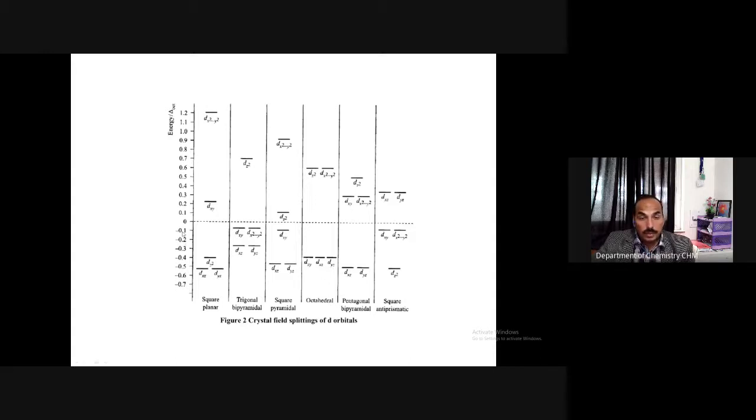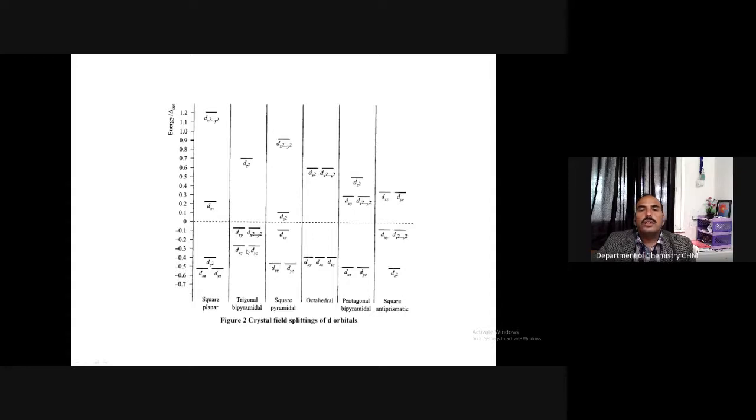Okay, you can make the y-axis in the negative direction also, minus 0.1 all the way to minus 0.7, and you see that dxz and dyz are generally the lowest in energy because ligands in most of the geometries are not affecting them much, except in some geometries like tetrahedral, which is one of them, not shown over here, and trigonal bipyramidal, where again you can see that these orbitals are higher in energy.